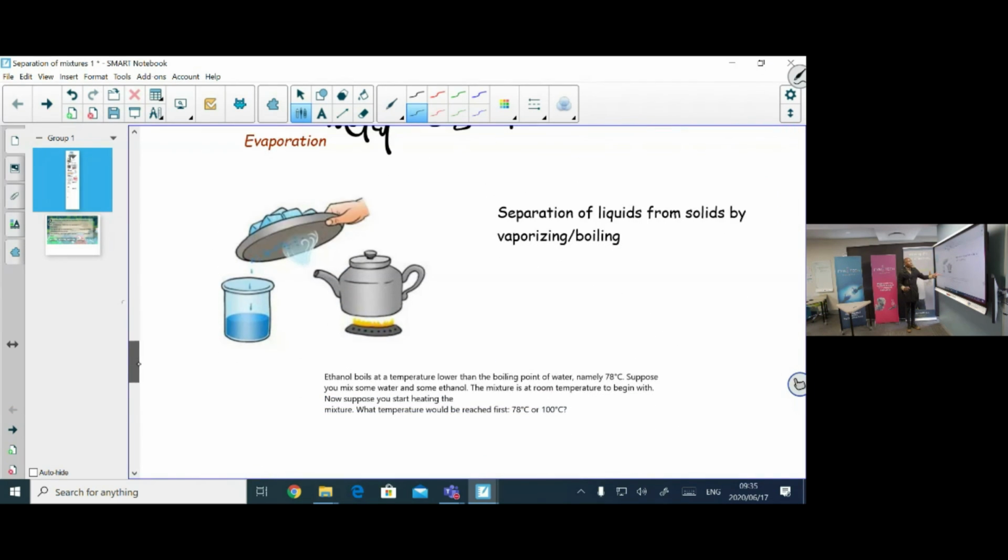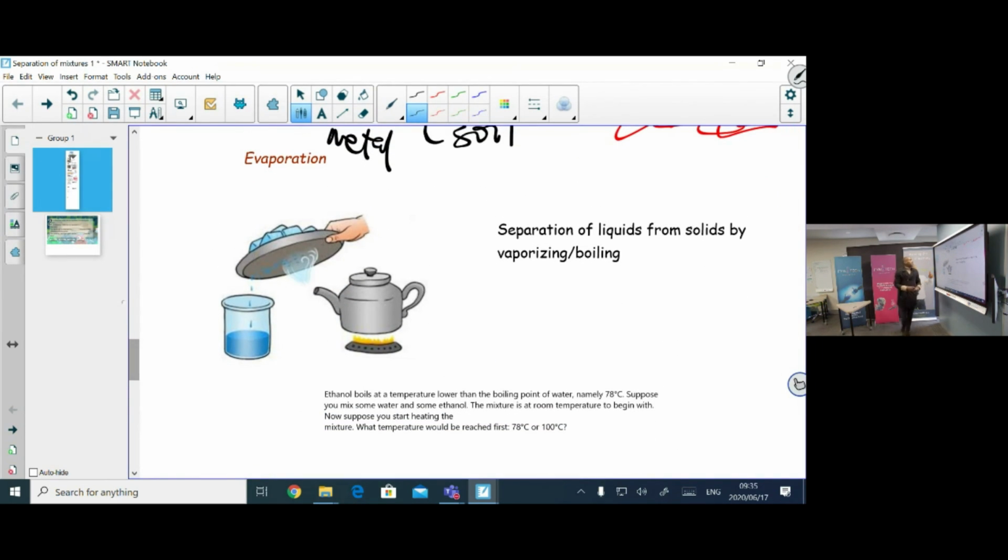Let's look at another method in which we can separate mixtures. So we have evaporization. What is evaporization?